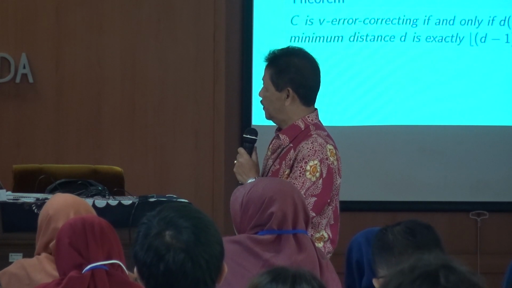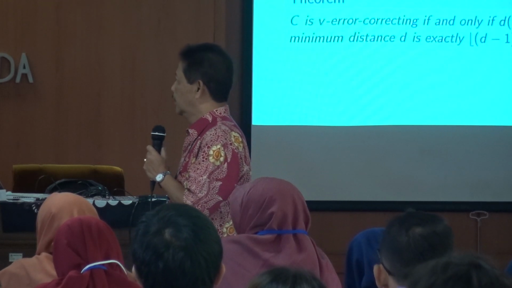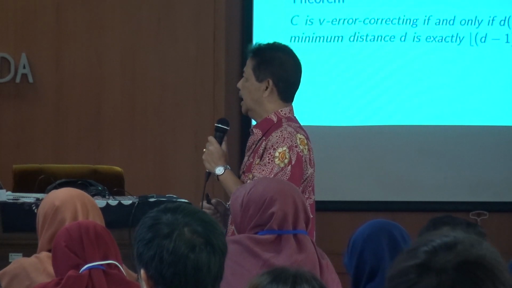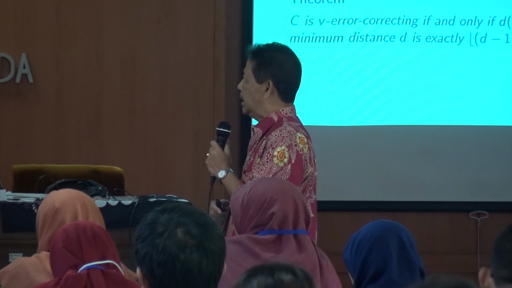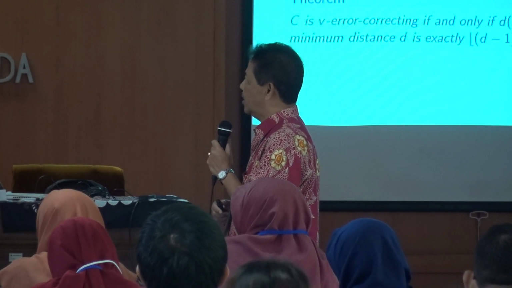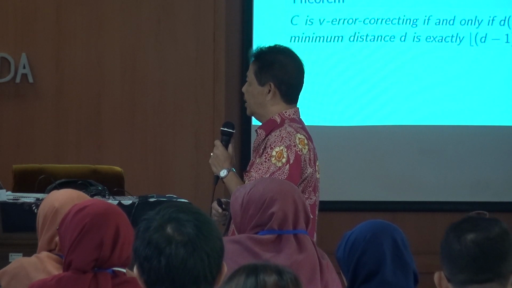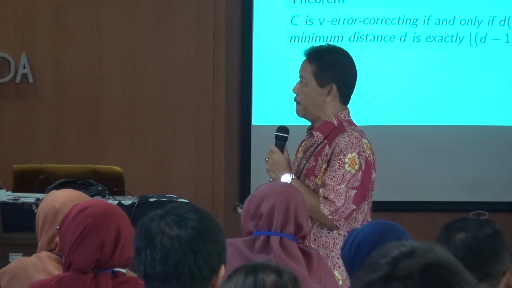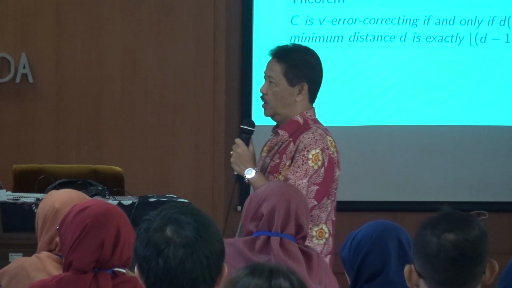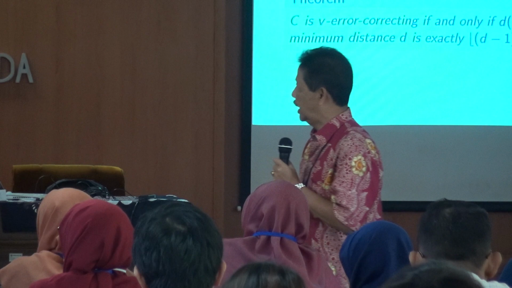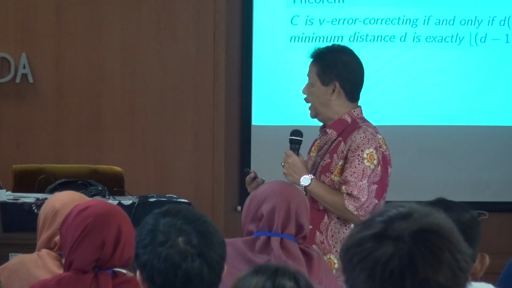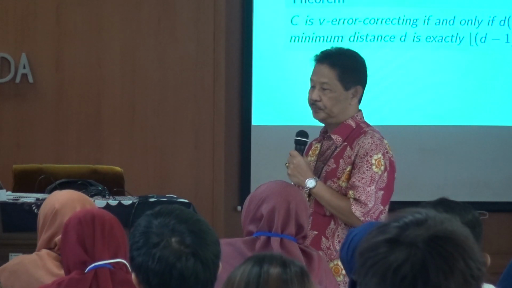And then the definition of correction. Again, we are given phi, a natural number. A code C is phi-error correcting if it can correct errors up to phi positions. So if the channel introduces up to phi errors, then the system can correct the errors.